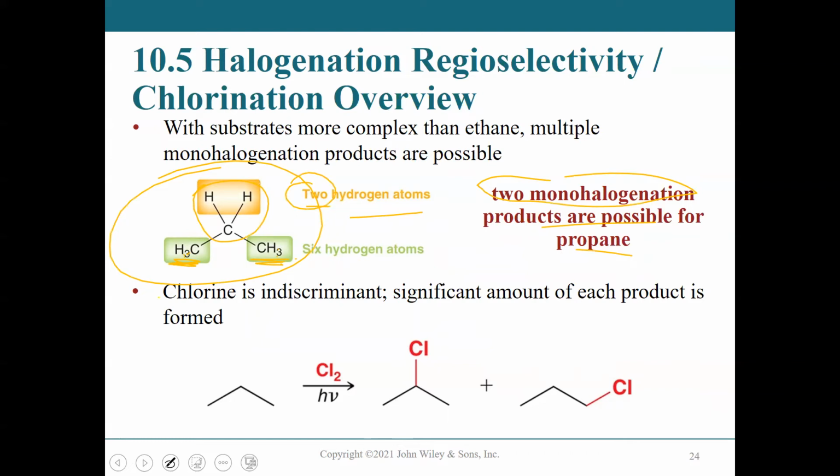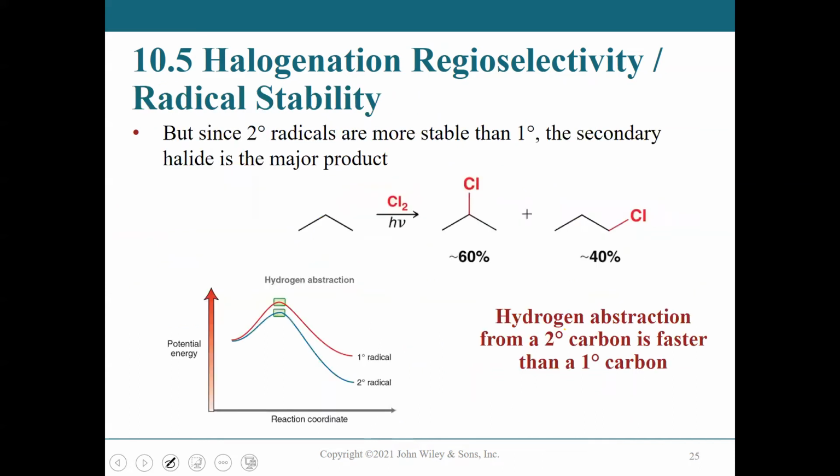So chlorine is indiscriminate, meaning that it doesn't care. It will produce secondary radicals or primary radicals. The first step of chlorine is so easy, it doesn't need that much energy, so it will produce both of them in about the same amount. That's why you see 60% and 40%.